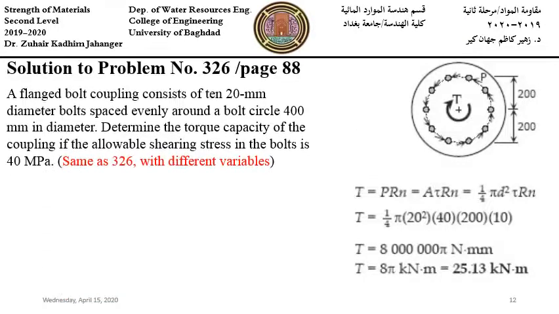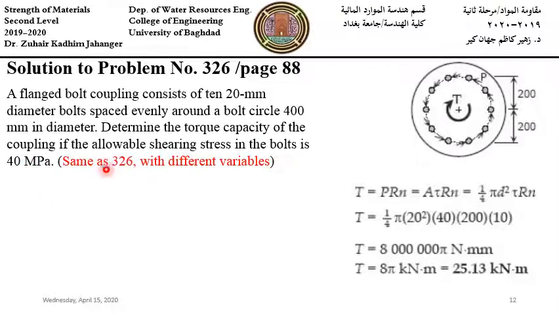Let us solve a problem. Solution to problem number 326, page 82. A flanged bolt coupling consists of 10 20 mm diameter bolts spaced evenly around a bolt circle 400 mm in diameter. Determine the torque capacity of the coupling if the allowable shearing stress in the bolts is 40 megapascal.